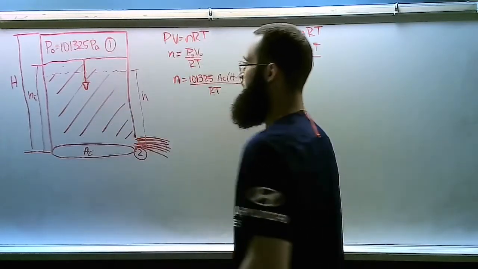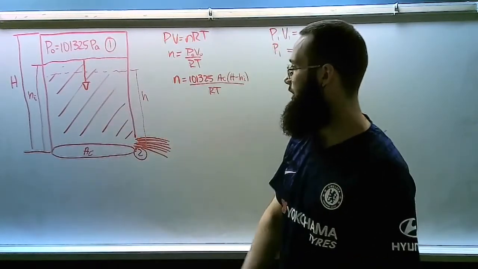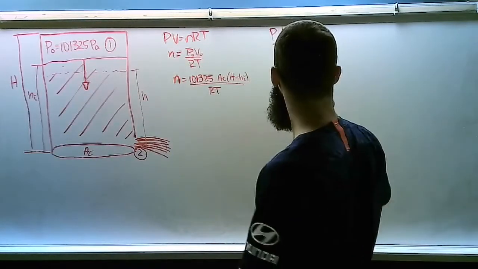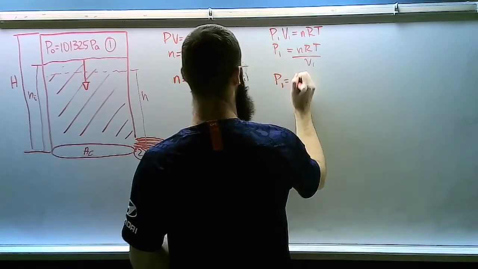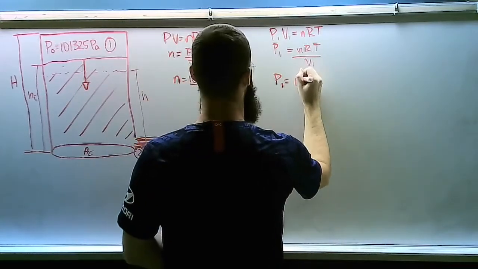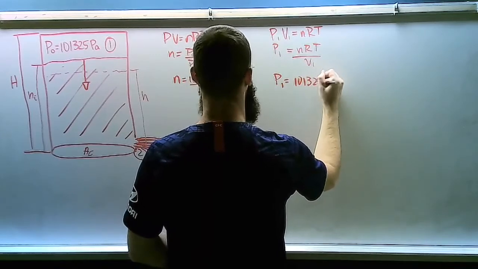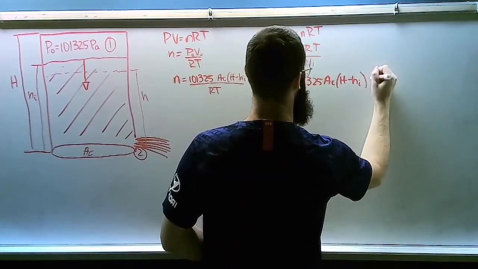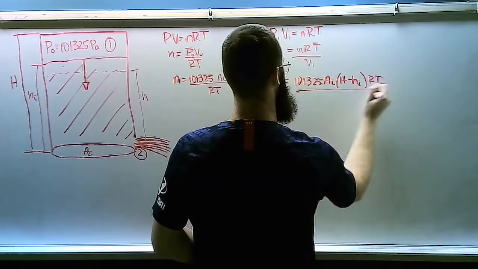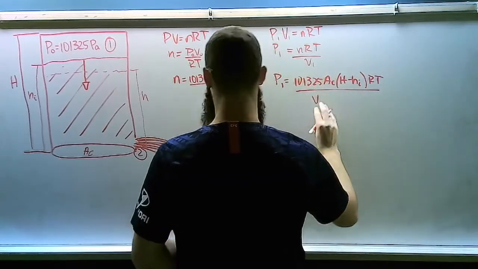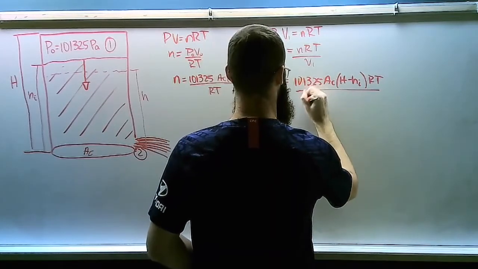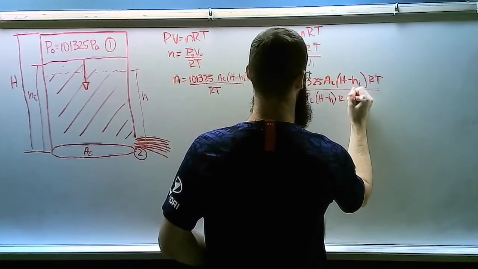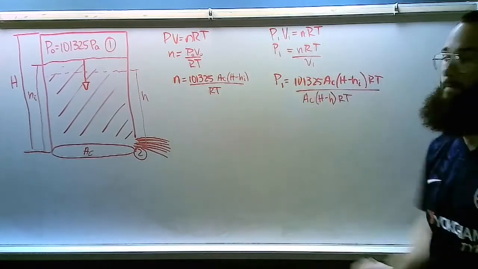And V1 here is going to be the same cross-sectional area, but this time from h to large H. So P1 is going to be equal to, we'll plug it in, 101,325 AC times H minus HI times RT over V1, which is going to be AC times H minus h. And we still have the RT on the bottom.